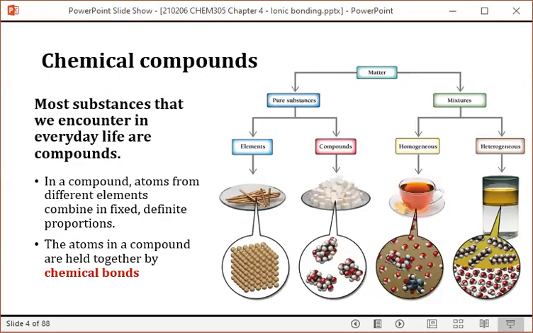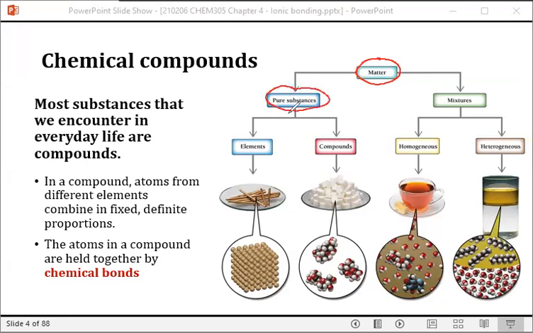So most substances that we encounter in everyday life are compounds. And if we look at this diagram of matter, you remember back all the way back to Chapter 1, matter can be roughly divided into two groups, pure substances or mixtures. And then pure substances can be further divided into compounds or elements. So we start up here at matter.